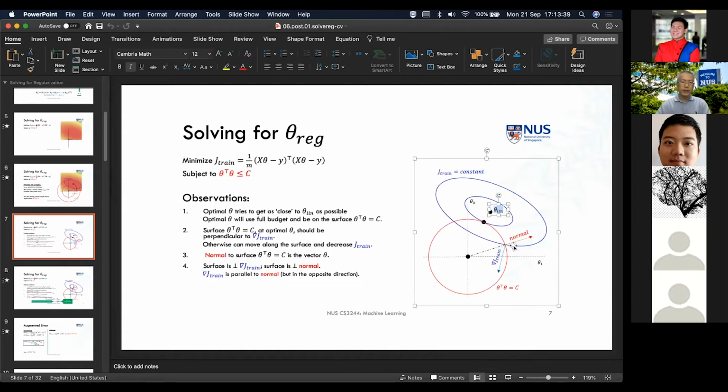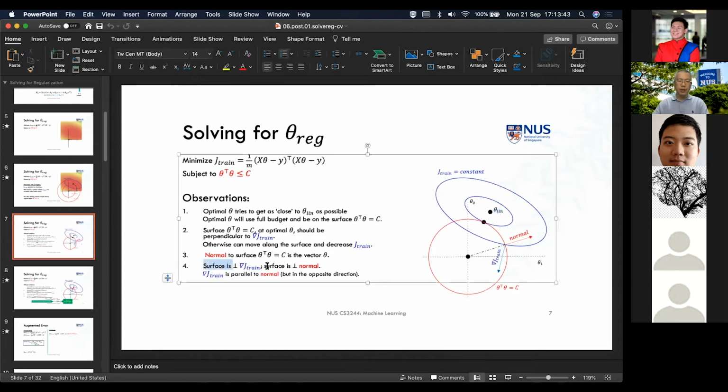The surface of these two things, our circle that defines the budget for regularization and some type of surface or polygon for the same cost for our test cases, are going to meet and intersect at some tangent.